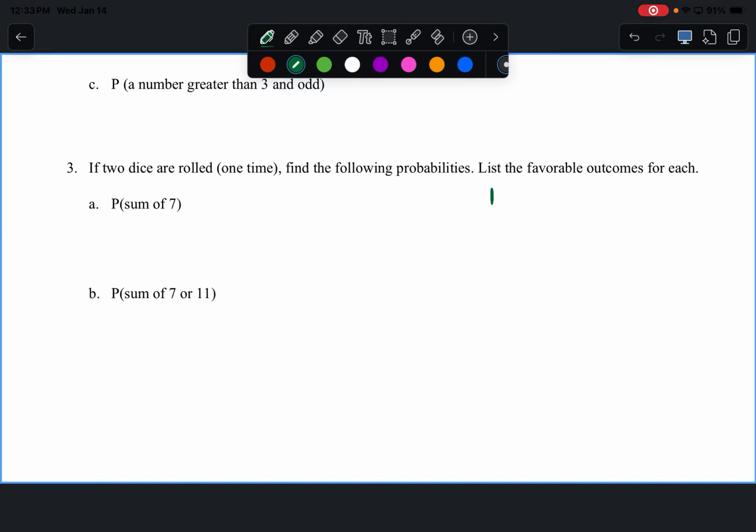Where there's 36 items in it. Okay, but it's the 1,1, 1,2, 1,3, 1,4, 1,5, 1,6, and then it goes this way too. Okay, it is a very big sample space. You do not have to write it on here. Okay, I just want us to make sure we know that that is the sample space it is talking about.